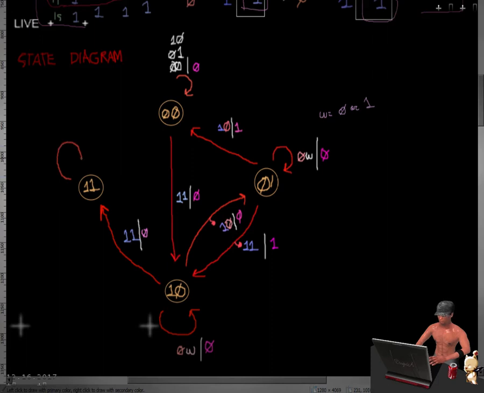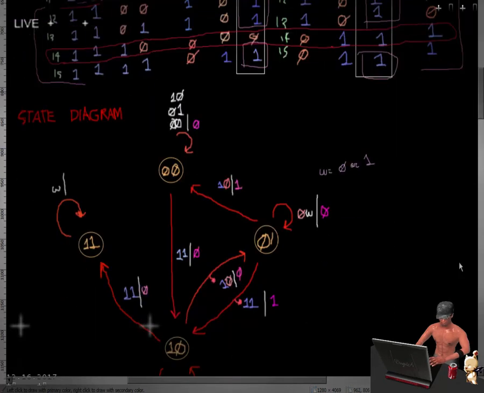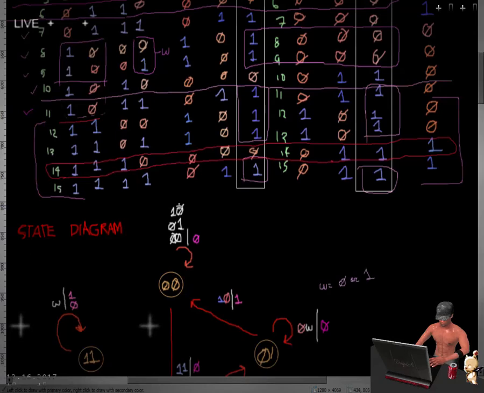We don't care what the input is, we're just gonna put W. The output is gonna be 1 or 0. Actually, the outputs are different, so we have to write it out.